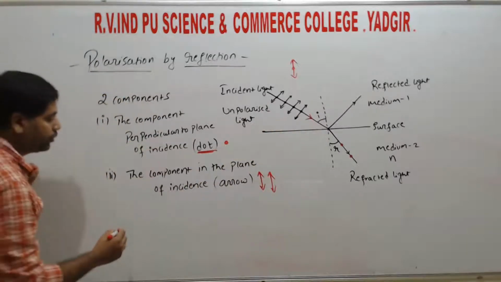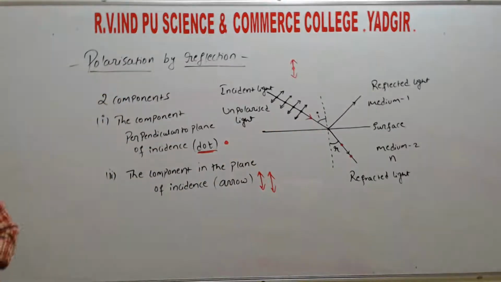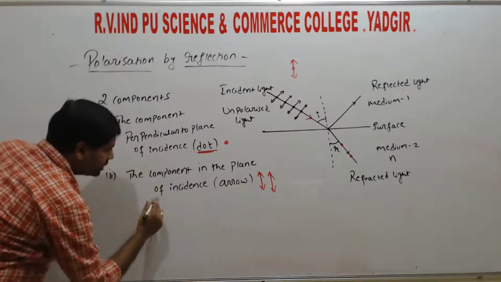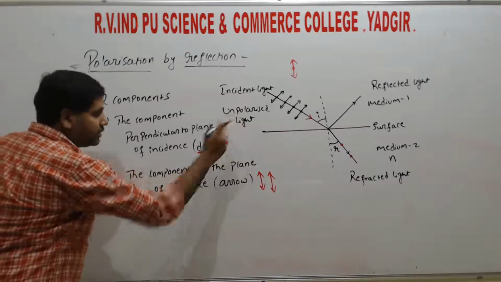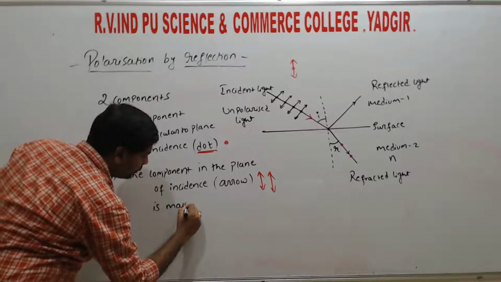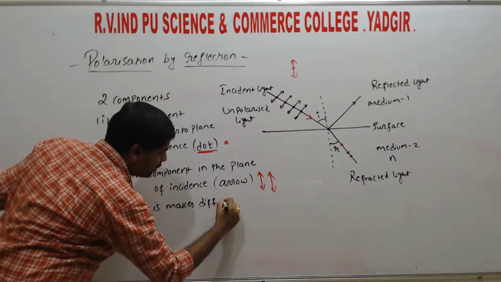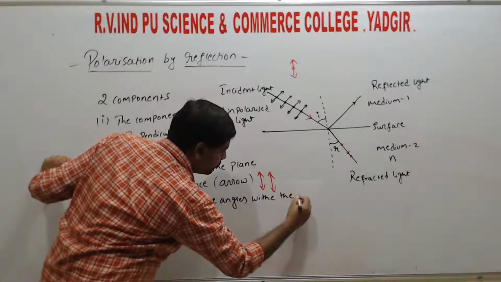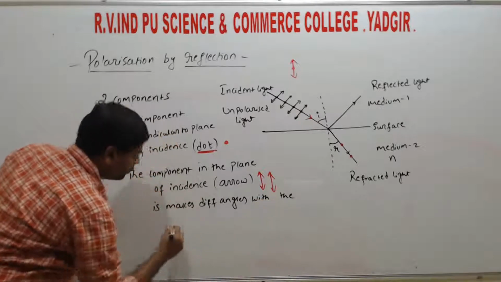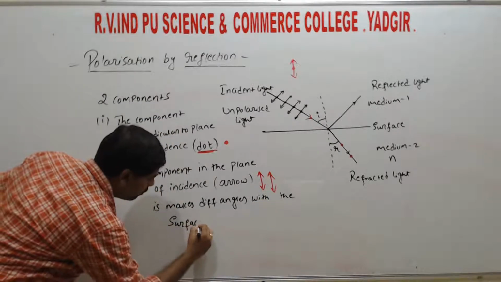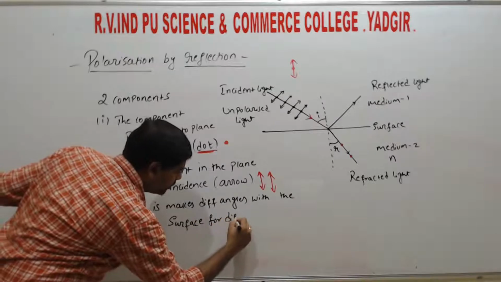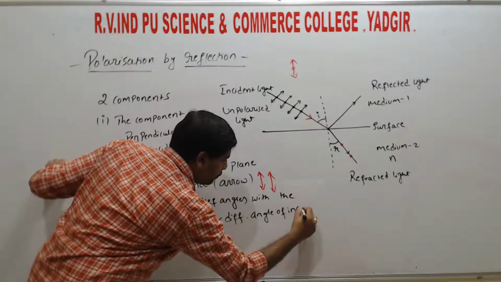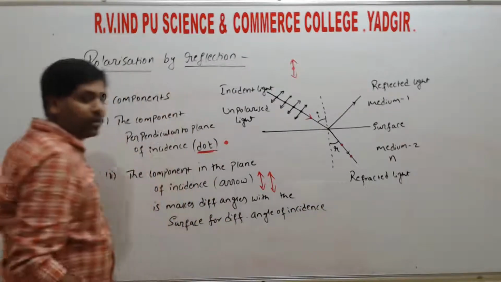So here what happens: the components in the plane of incidence, the arrow marks, make different angles with the surface for different angles of incidence, right?